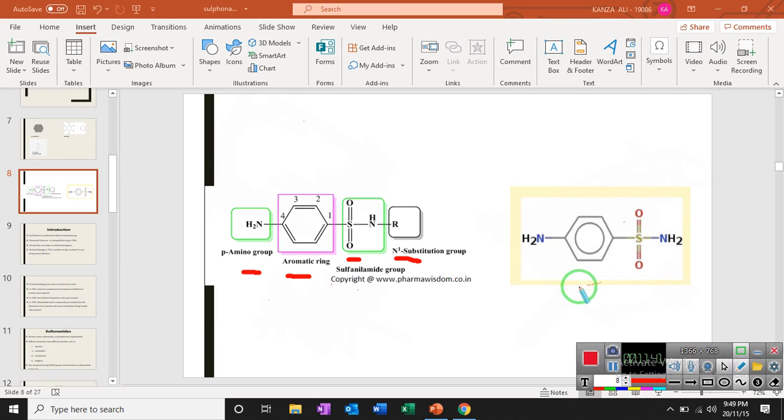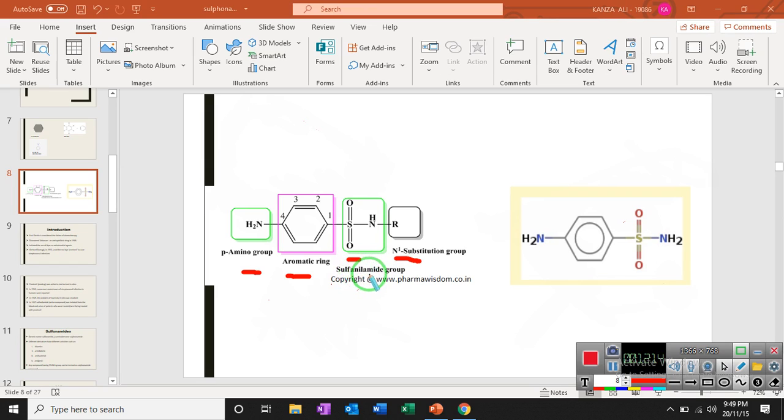We have just seen the example of aminobenzene, that is aniline. If another group such as SO2NH2, the sulfonamide group, is substituted on this ring, the result will be another compound, that is sulfonylamide.